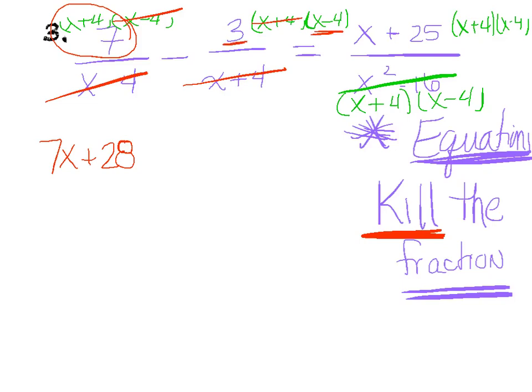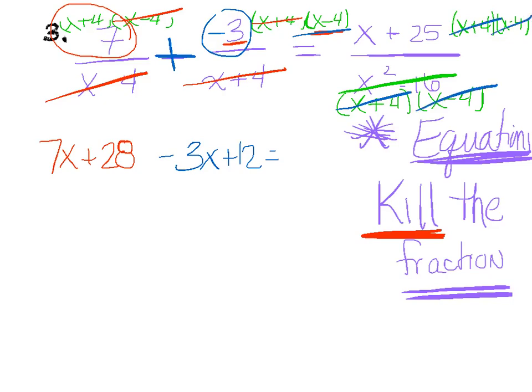I'm going to do one other quick thing. I'm going to change this negative to a positive, and then that makes this 3 a negative. So I'm actually going to distribute my negative 3 to my x minus 4 to get negative 3x plus 12. And the best part about the last terms is the x plus 4's and the x minus 4's cancel, so I'm just left with what was there, x plus 25.